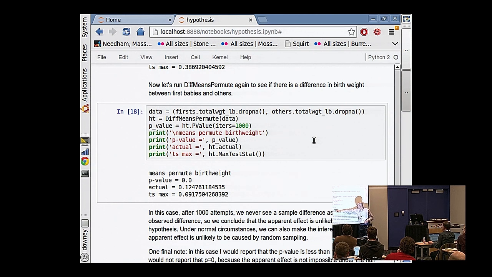The actual difference is 0.12 pounds, which I think is like 2 ounces. Sounds about right. And when I ran my random samples from the null hypothesis, the biggest difference I ever saw was 0.09, which is kind of close. And that does suggest that if I ran many more tests, it's possible that I would exceed it, just not very often.